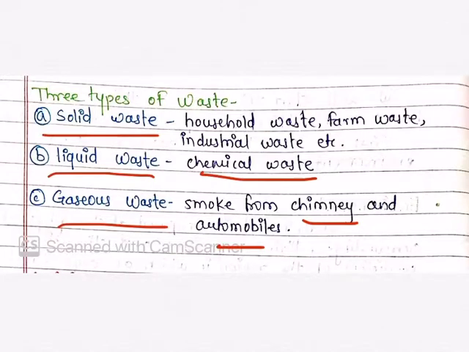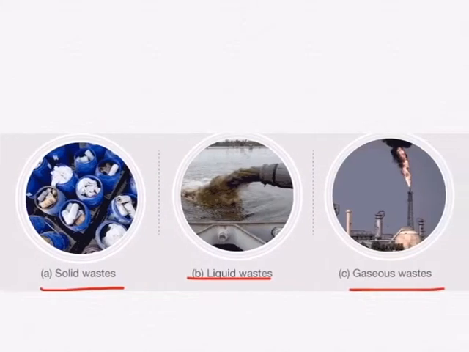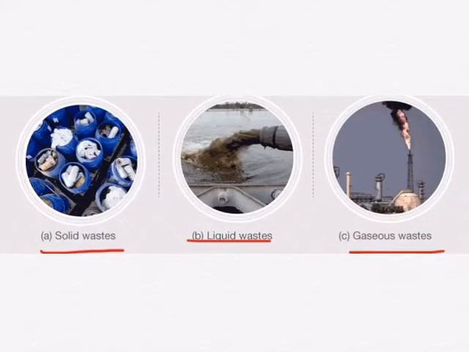Then gaseous waste, the smoke from the chimney and the automobiles, are considered as gaseous waste. Here in the image you will see clearly the three types of waste: solid waste, liquid waste and gaseous waste. In the first image, all the solid substances are considered as solid waste.